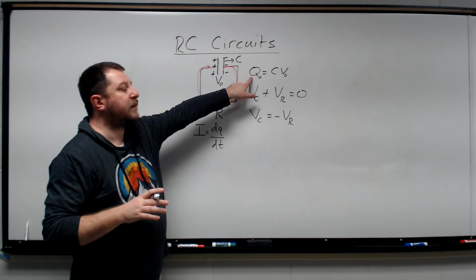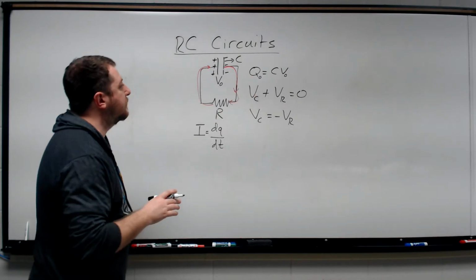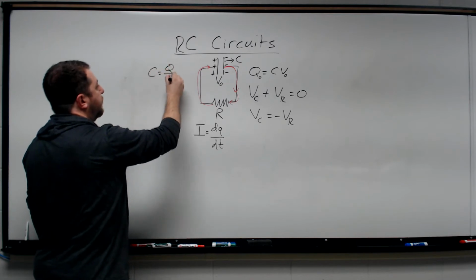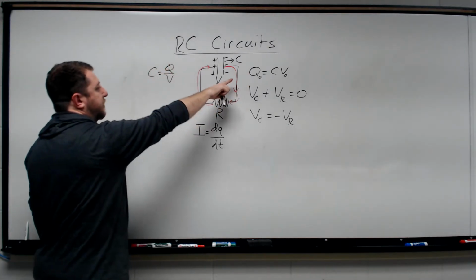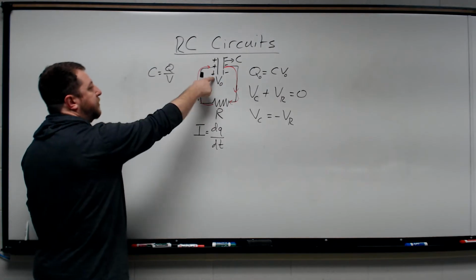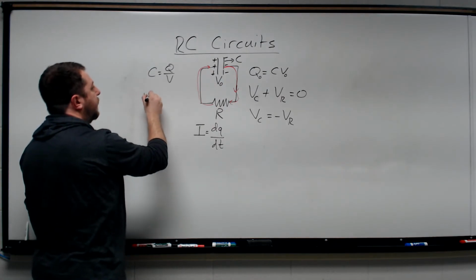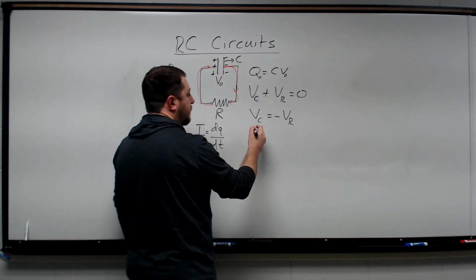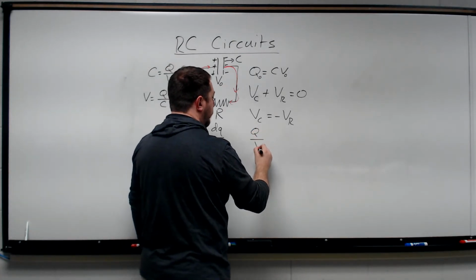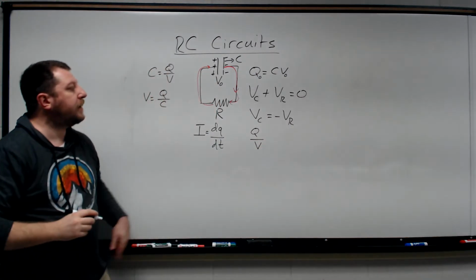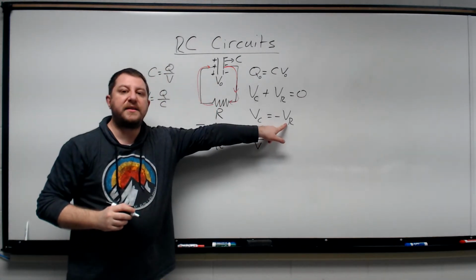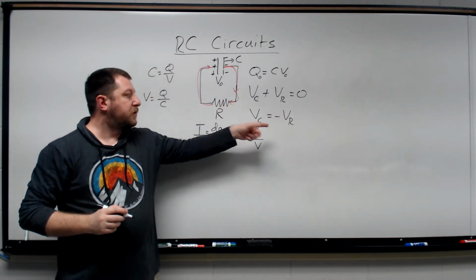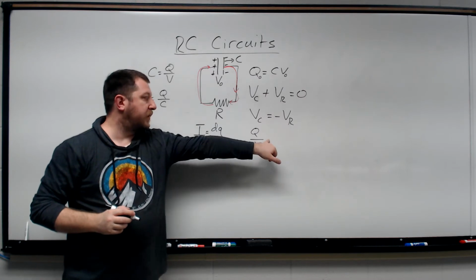But from the definition of capacitance, remember that C is equal to Q over V. These are the initial quantities. That's a specific situation. And therefore, V is equal to Q over C. So this is going to be Q over C. But V is equal to IR through the resistor from Ohm's law. So this is going to be IR with a negative sign.